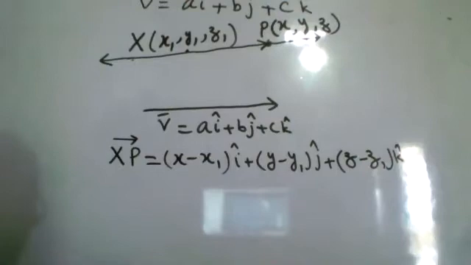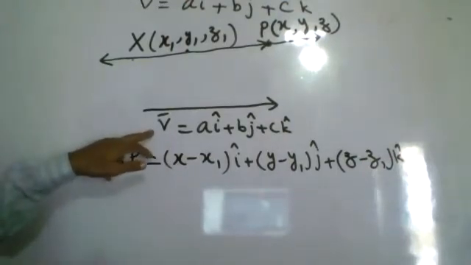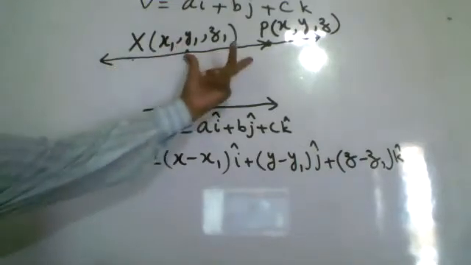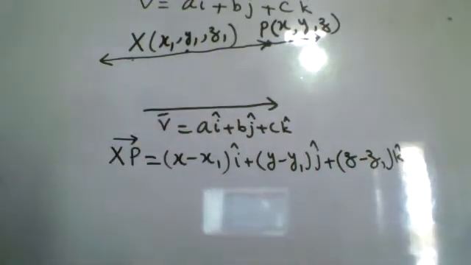This is the vector XP which is parallel to the given vector v.